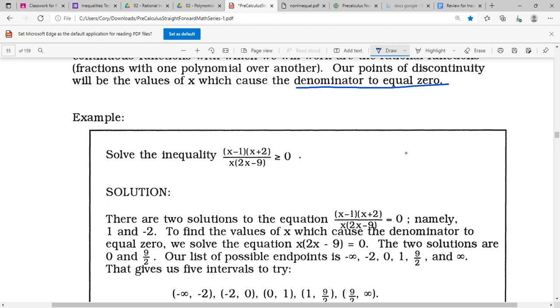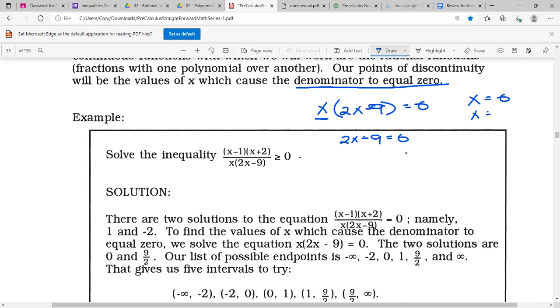So all we have to do is set that equal to 0. So we say x times 2x minus 9 equals 0. Well, this has two possible answers, right? Each of these pieces could be equal to 0. So x could be equal to 0, and then we would have 2x minus 9 equals 0.